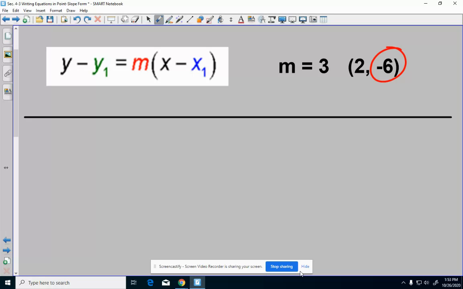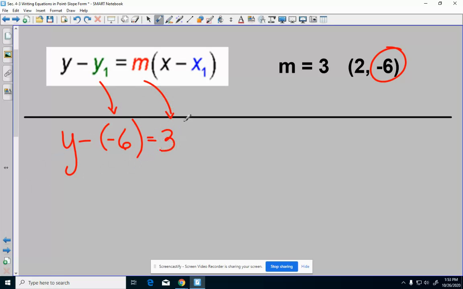Correct. It would be -6 because it's 3 times -2. Because in the formula, you're subtracting the difference between those two. So if you want, originally, you may write that y minus -6, right? Because that's the y value.